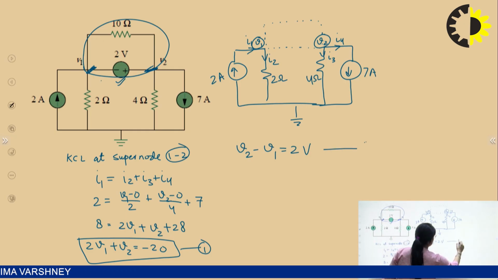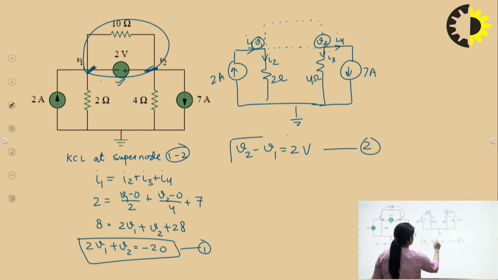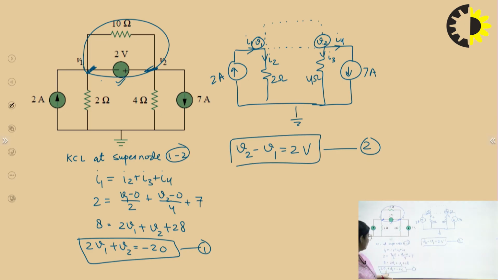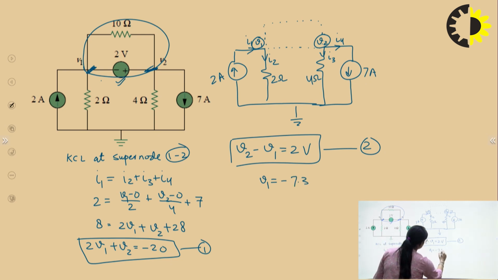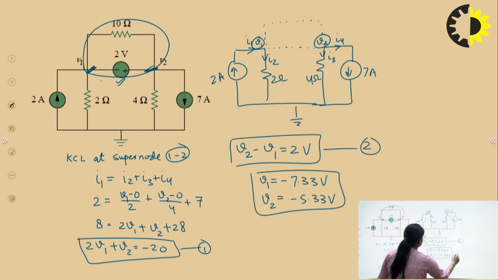So second equation I am getting from the supernode. Now you have two unknowns, two equations. You can solve this equation using your calculator. So now you will be getting V1 is equals to minus 7.33 volts and V2 is equals to minus 5.33 volts. This is the answer.